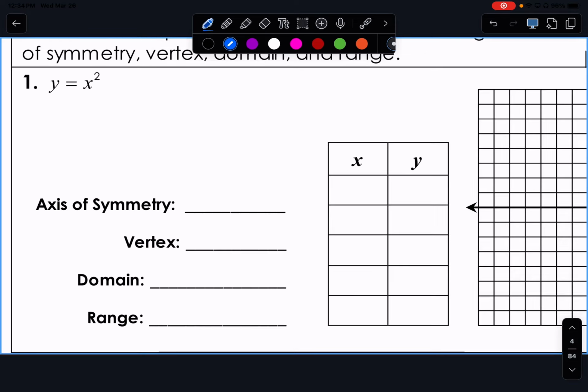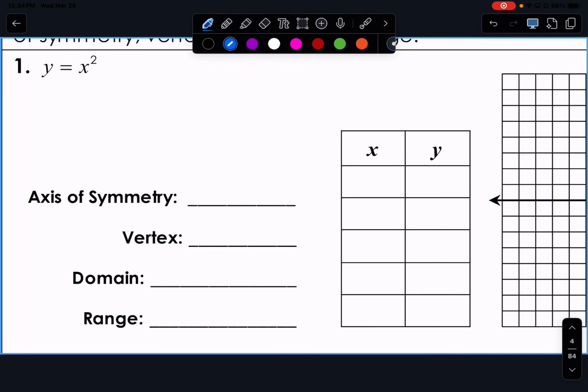So first things first, I'm going to identify my A, B, and C. What is A? What is B? Does it have anything in the BX place? So if there's nothing there, what's the numerical equivalent of nothing? Okay, then C is going to equal 0.